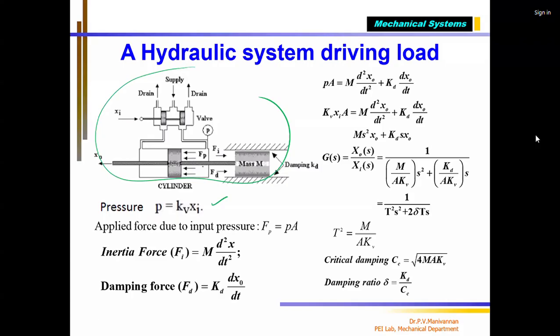The pressure is supplied, which moves the power cylinder, and that is controlled by this valve. Please note that you may be asked to derive these equations and find the time constant, damping constant, critical damping and damping ratio.